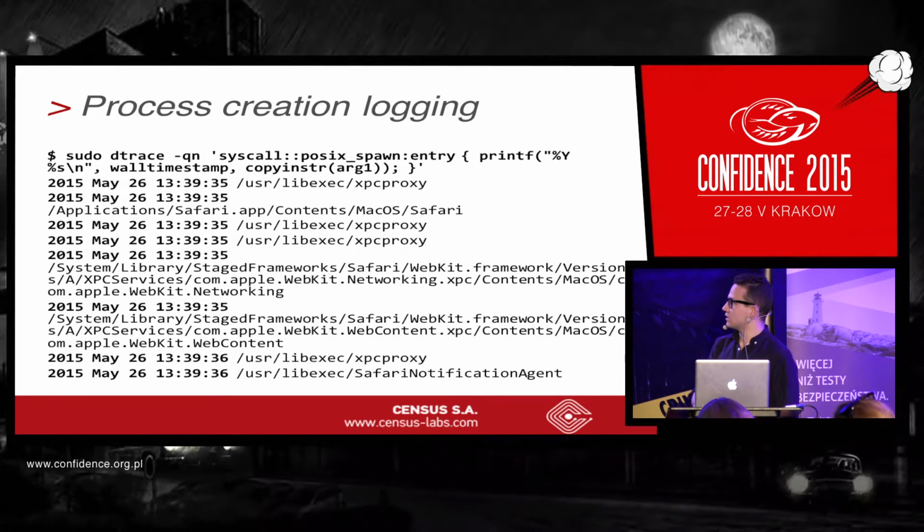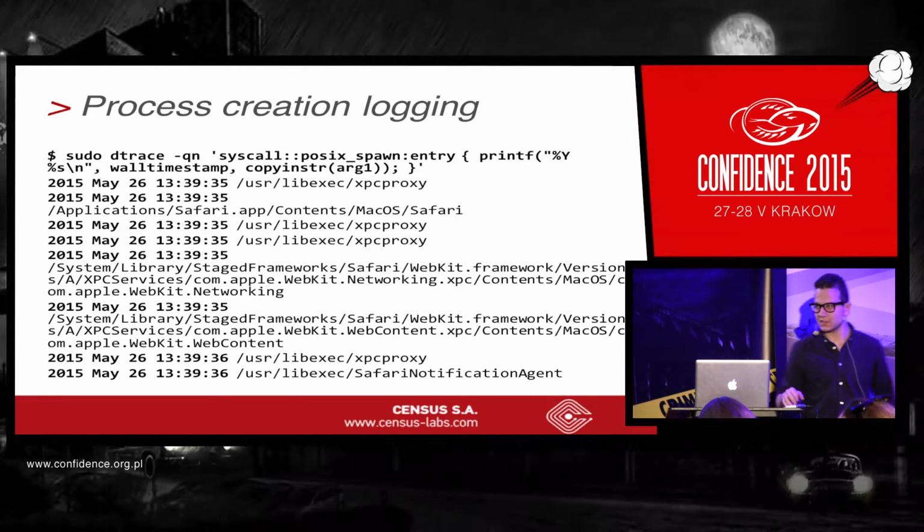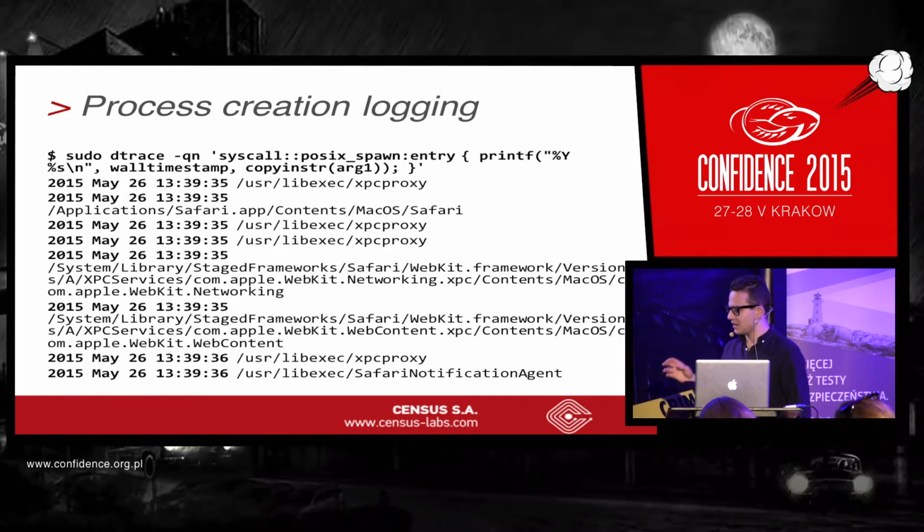And also, and I actually use that in my work a couple of times, you can trace any execution on the system. In this example, I trace posix_spawn, which is used on OS X, contrary to the usual execv. If you trace only execv, then you will miss Apple-specific code chunks for whole applications that do icon stuff, and you wouldn't catch that.